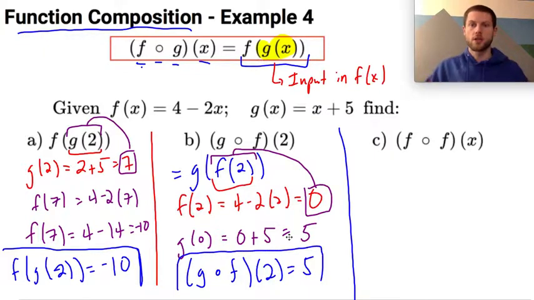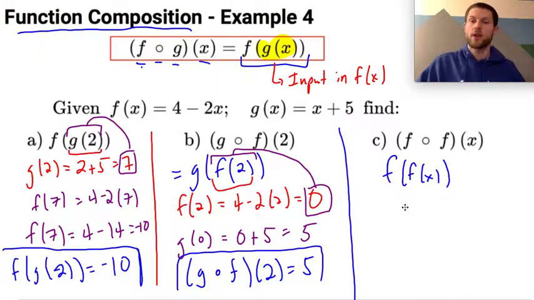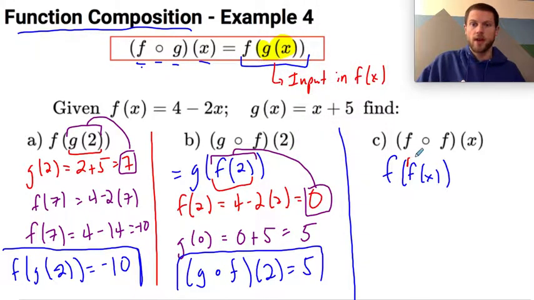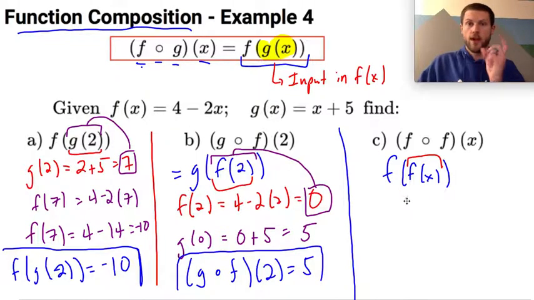So we are composing these functions together, and there's nothing that says we can't compose a function within itself. I can find out what f of f of x is. Why not? Let's start off by plugging in. This time I don't actually have a value to plug in, so it might seem a little confusing, but really think of it as the input in my f function is f of x.